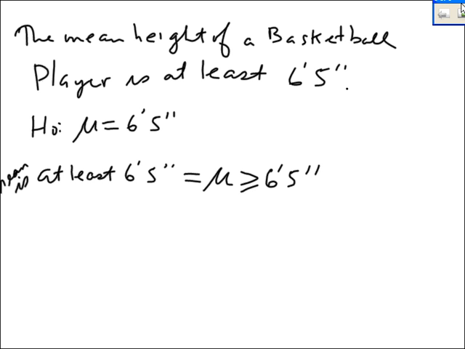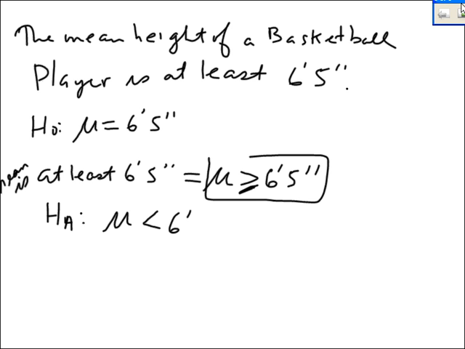Okay, now when it comes to finding HA, and here's the ticket right here. When it comes to finding HA, you cannot use the statement that has equality. This statement has equality. The other one would be that mu is less than 6 feet 5 inches, and that's HA. If it didn't say at least, if it said the mean was more than, well, that'll be the next problem. So here it is.